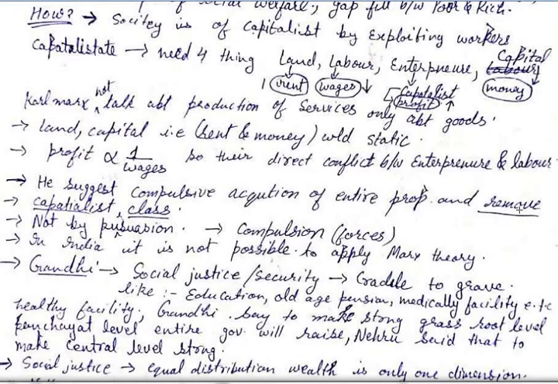But the reducing of the gap between rich and poor is not by bringing the rich down. It is by raising the poor up. In India, it is achieved by making the poor rise up.